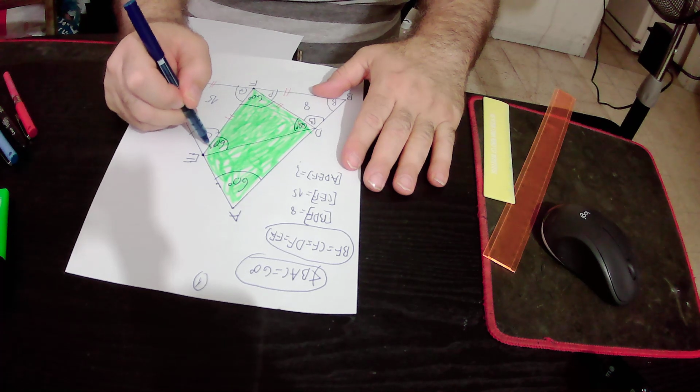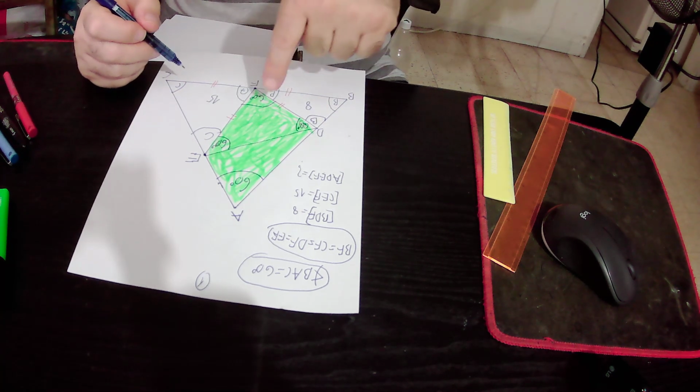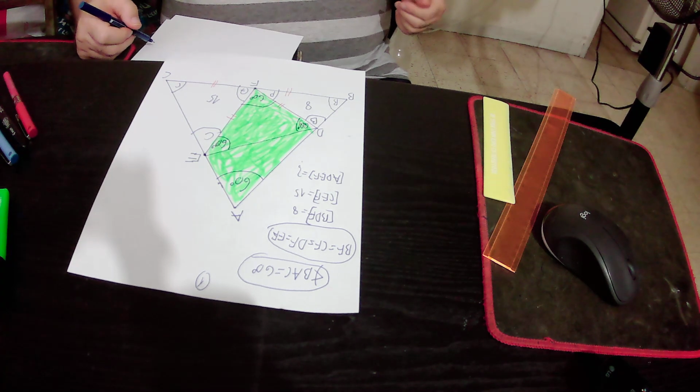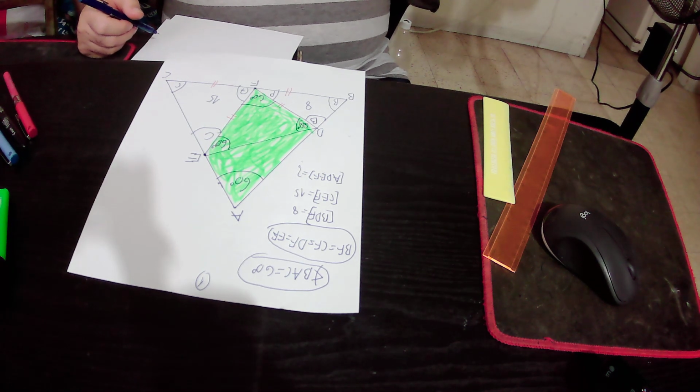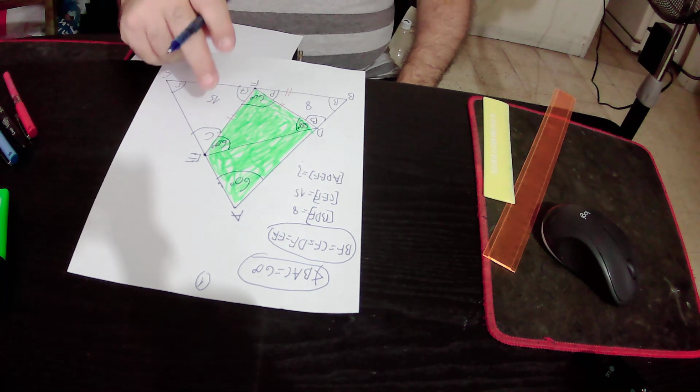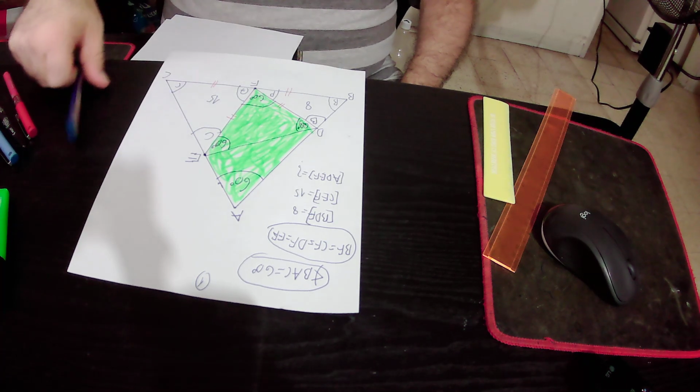So we found out that all the angles in triangle DFE are equal to 60 degrees. Therefore, triangle DFE is an equilateral triangle. That is to say, all its sides are equal to each other, so side DF equals side EF equals side DE.